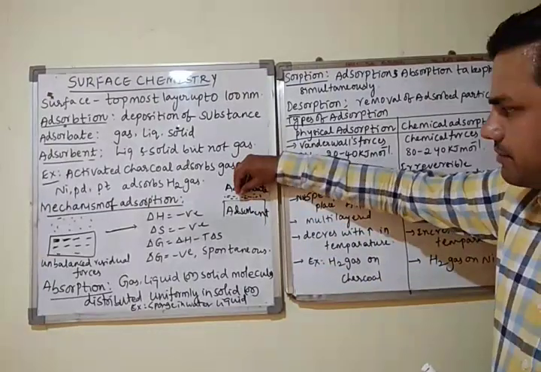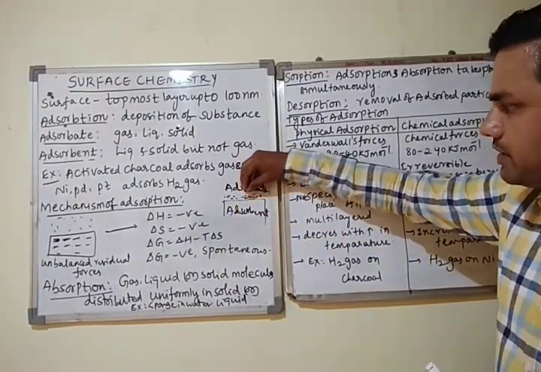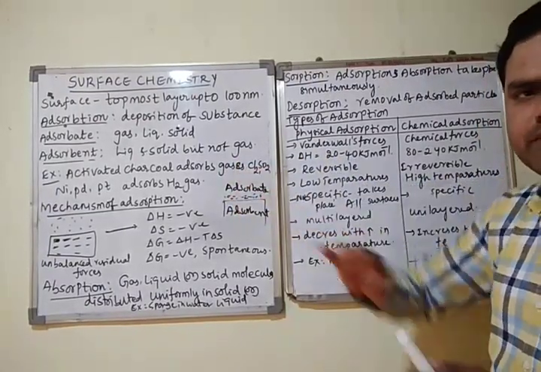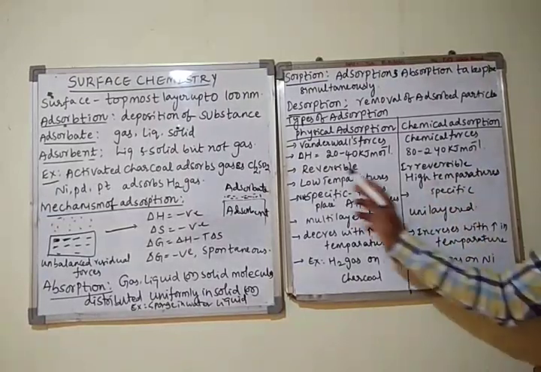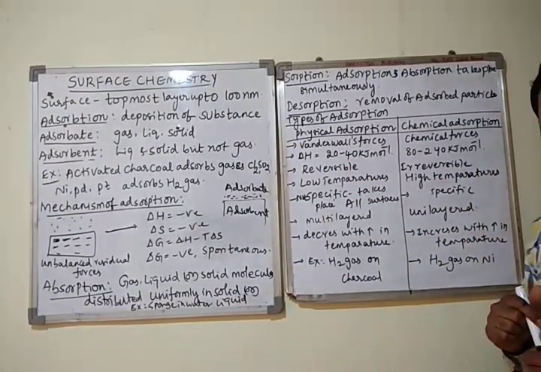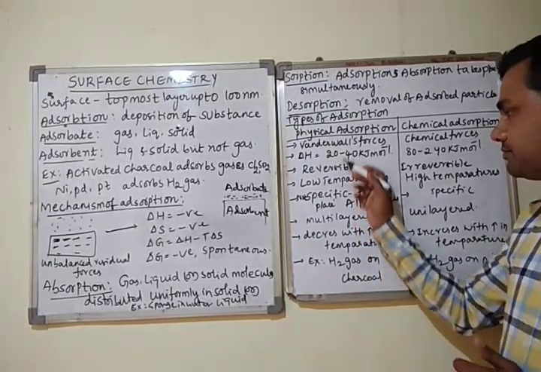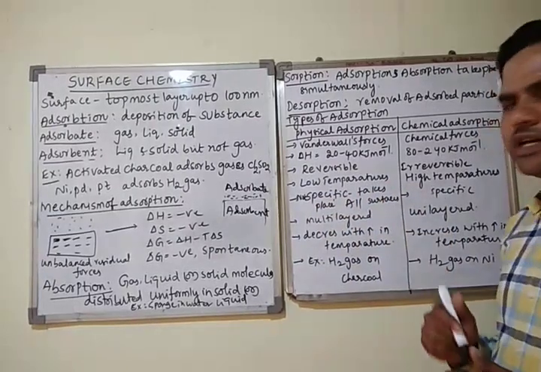Once the adsorbate is deposited on the surface of the adsorbent, they form a strong chemical bond, so we cannot easily remove it. Therefore it is irreversible, taking place in only one direction.